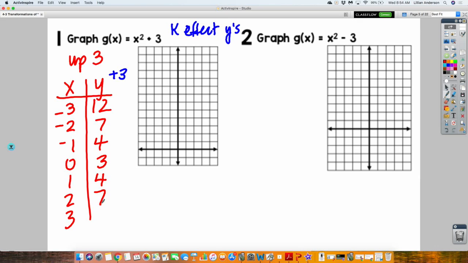And then these are going to be the new points on the graph of this function: (0, 3), (1, 4), (2, 7), (3, 12), and so on and so forth.